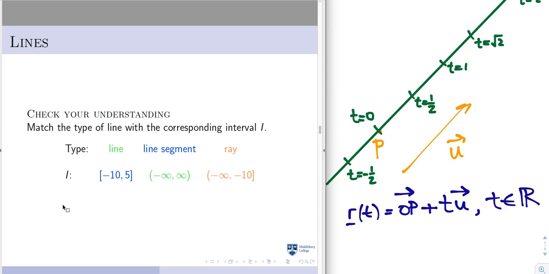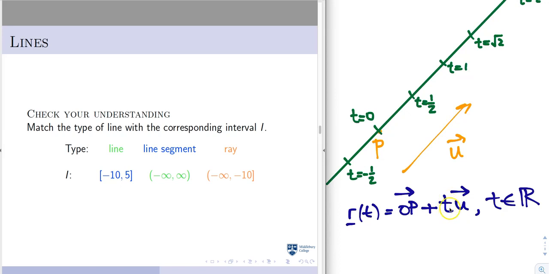So here's an example of the parametric description, a visual interpretation. So we see we have a point P and our direction vector u, and we're giving our parametric description. We're saying that we're starting at the point P. We're using the position vector of P for our starting point, and then we're moving in the direction of u. And t you should think of as time.